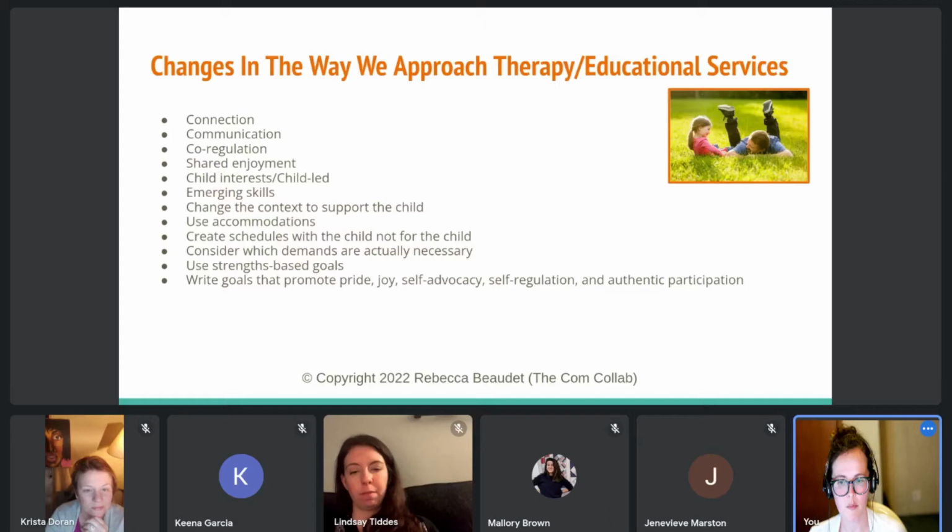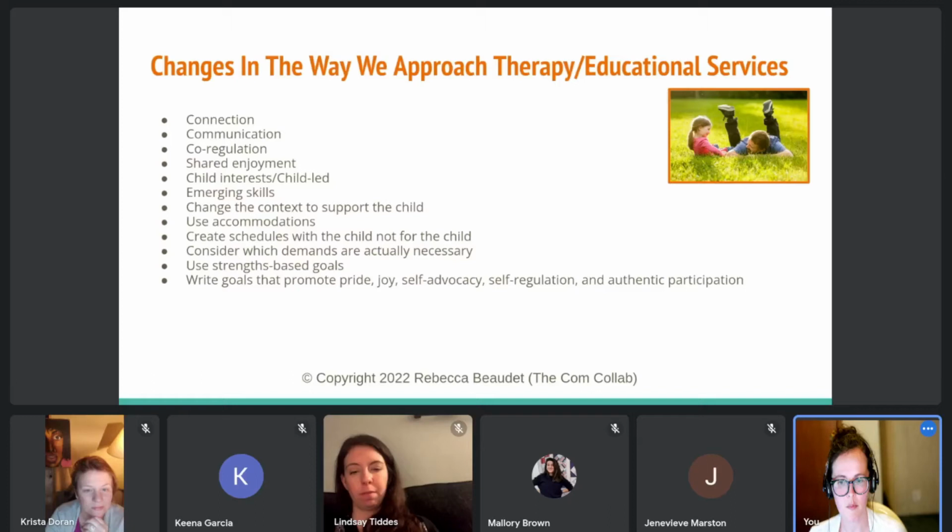Does a child need different visual input? Do they need more lights or less lights? Do they need to work in an area where there's not clutter on the wall? Do they need a room with light colors or bright colors? And then doing that same kind of environment check for sight, for sound, for taste. And we're going to get into that on another slide too.